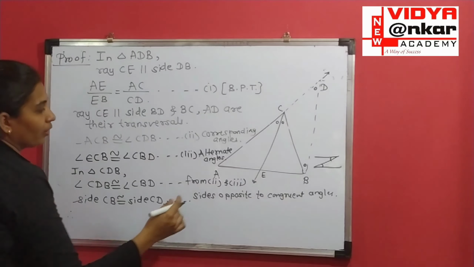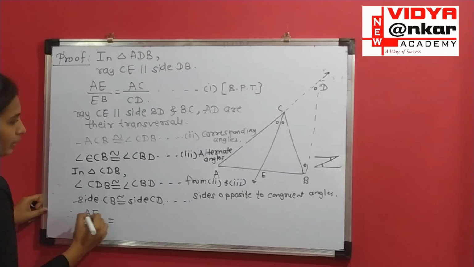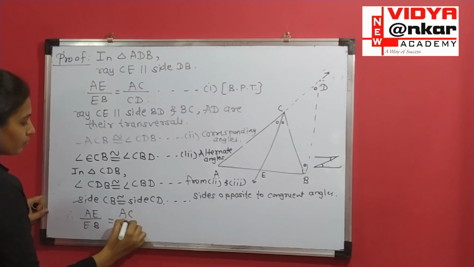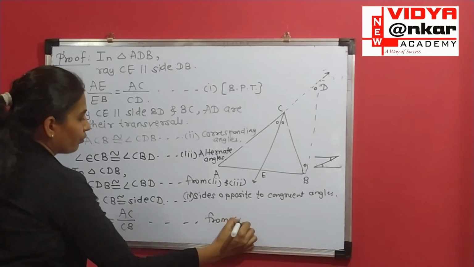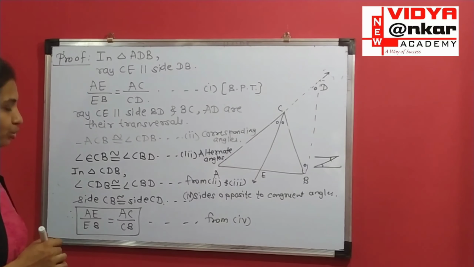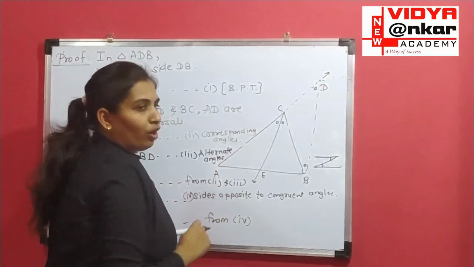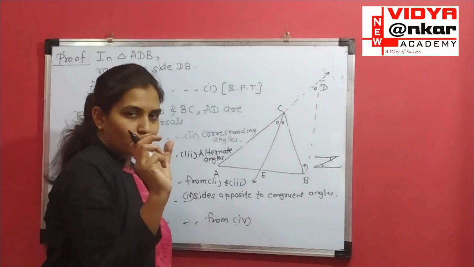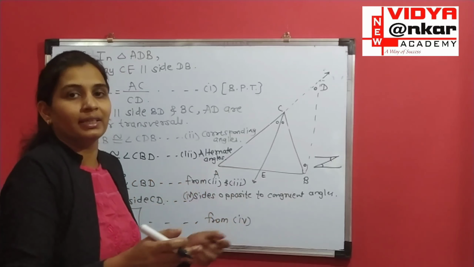So I can write here AE upon EB is equal to AC upon CD, and in place of CD, AC upon CB. Here, number 4 from 4. Okay, and we have to prove this statement. Now students, we have proved that if a bisector of an angle of a triangle intersects the opposite side, then the ratio will be equal to their corresponding remaining sides.